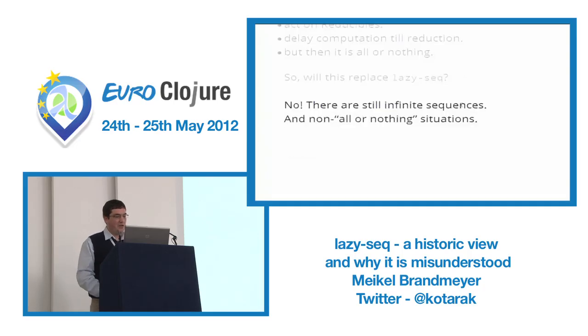No, probably not, because there are still infinite sequences and sequences which don't fit into memory. If you have large data processing in mind, where you go through a huge file which does not fit in your memory and you go through there step by step, this won't be possible with reducers because they act on the data structure. It must be there, and the data structure is not lazy, it's realized in memory.